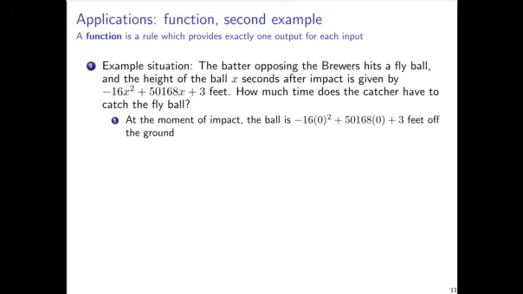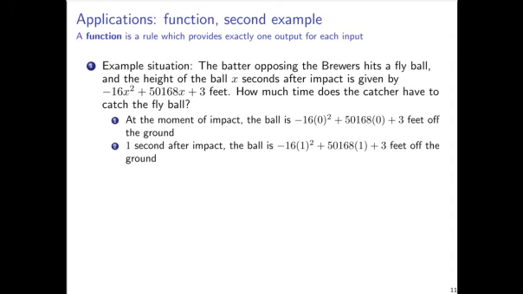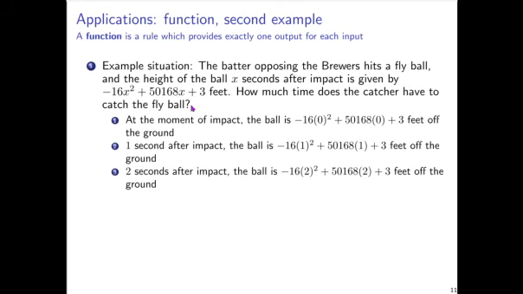First of all, x is the number of seconds after impact. So at the moment of impact, when the bat hits the ball, the height is negative 16 times 0 squared plus 50,168 times 0 plus 3, so 3 feet off the ground. And 1 second after impact, we plug in a 1 where the x's are, and it's that many feet off the ground. 2 seconds after impact, you see.